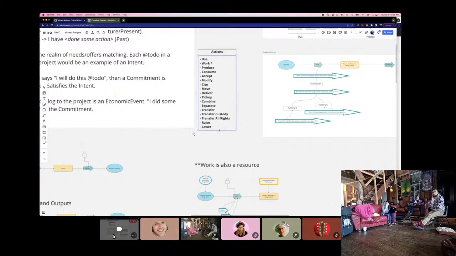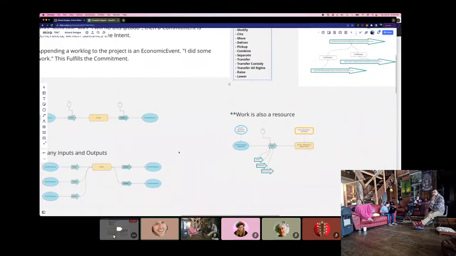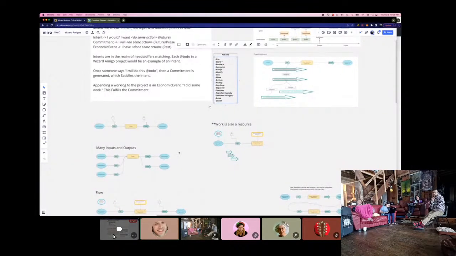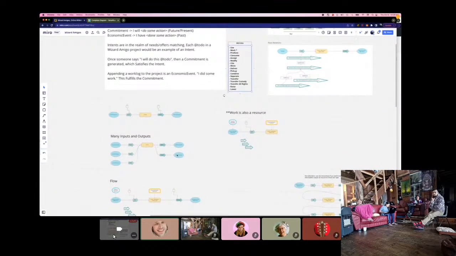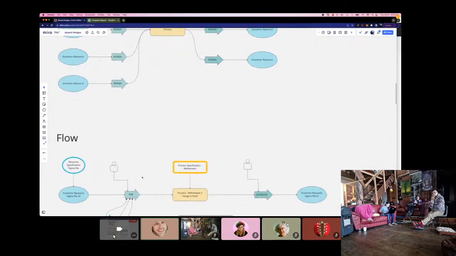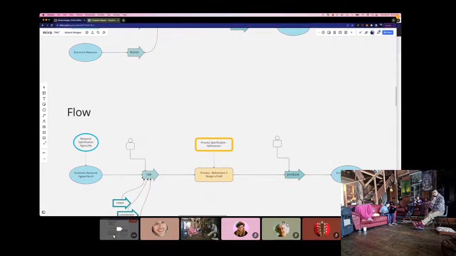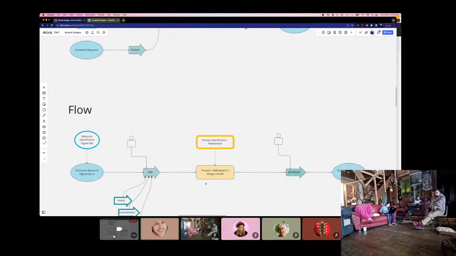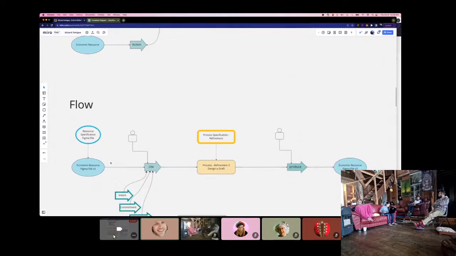All right. So, okay, where to go from here? Okay, cool. Let's take a look at this example right here. This is our first Figma refinement example, right? In this case, we're taking an economic resource, a Figma file, version 3, and we can cite that.